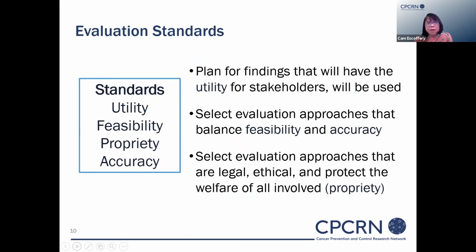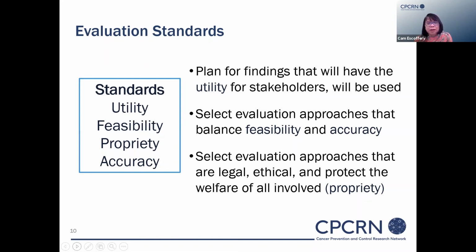In the middle of the evaluation framework are what are known as evaluation standards. The standards are utility, feasibility, propriety, and accuracy. And these are just guiding principles that we want to consider in any evaluation. So you want to be able to ask evaluation questions and collect data that is most useful for all stakeholders involved.